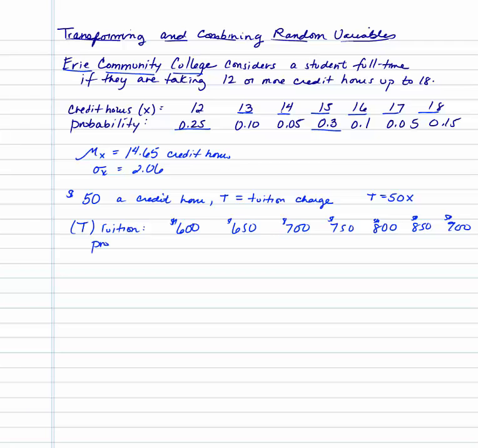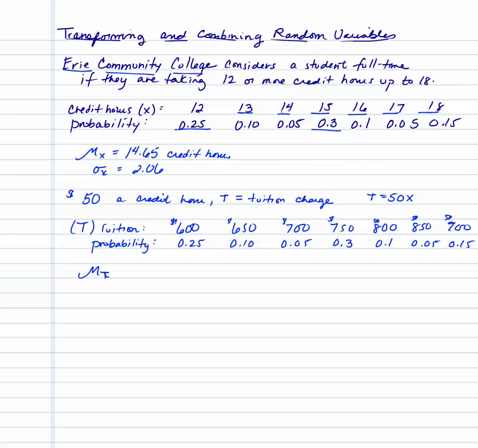Now think about the probability. Would the probability change? The amount of people paying $600 is still going to be 25% of the people. We're still going to have the same numbers in here. Now my question to you is, what's going to be the impact on the mean?